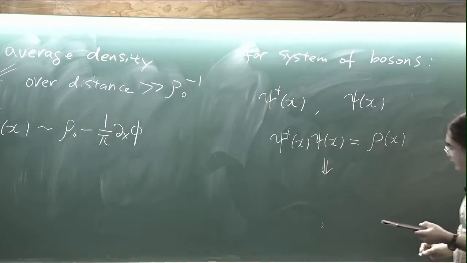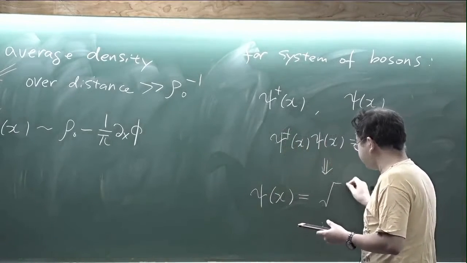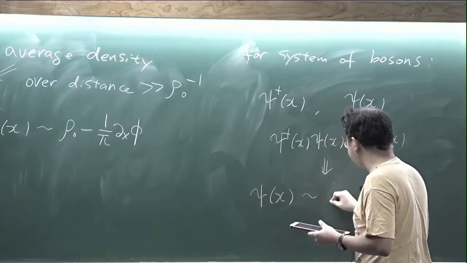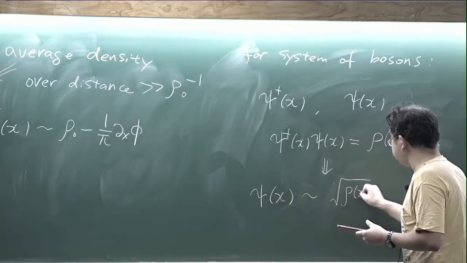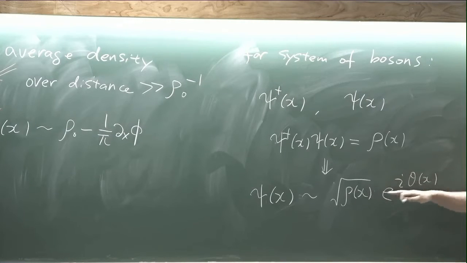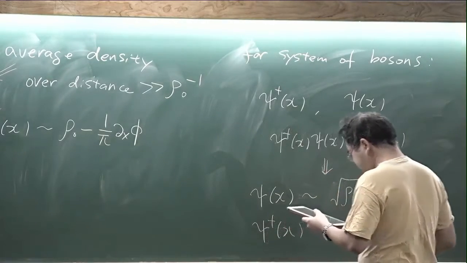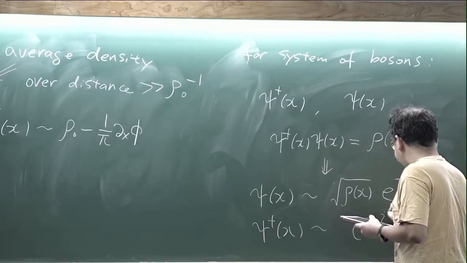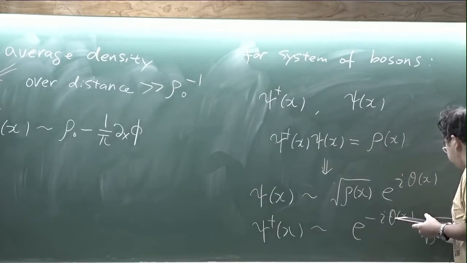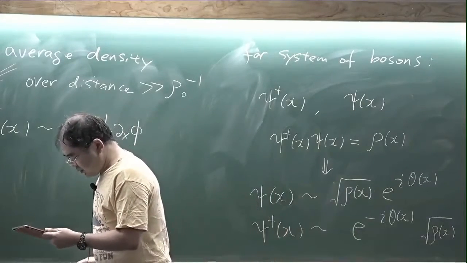So from this, we can expect that psi of x may be written like the square root of rho x times some exponential of another field, theta. This variable represents roughly the phase of the macroscopic wave function.